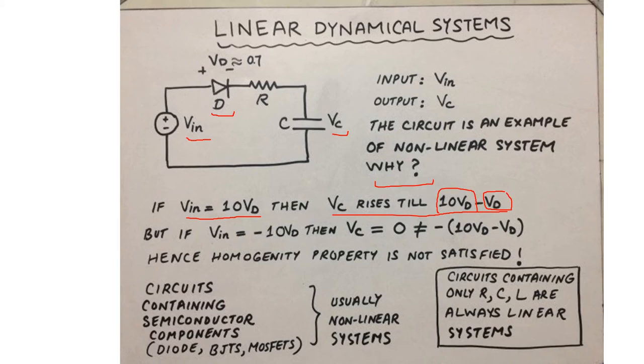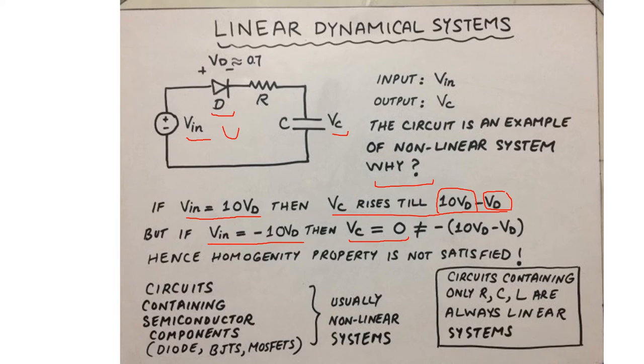But what if Vin represents a negative quantity such as minus 10 times Vd? Then we know that the diode cannot conduct in the negative cycle. Therefore, the voltage will never be able to appear across the capacitor. The voltage remains zero.